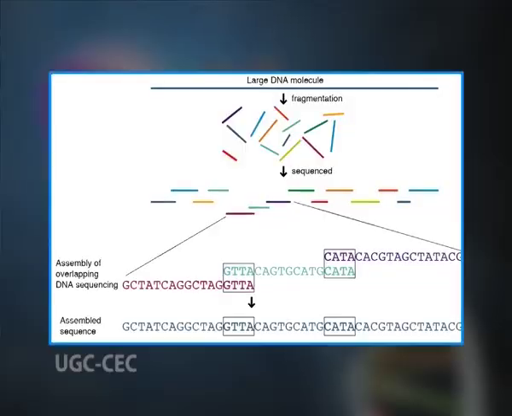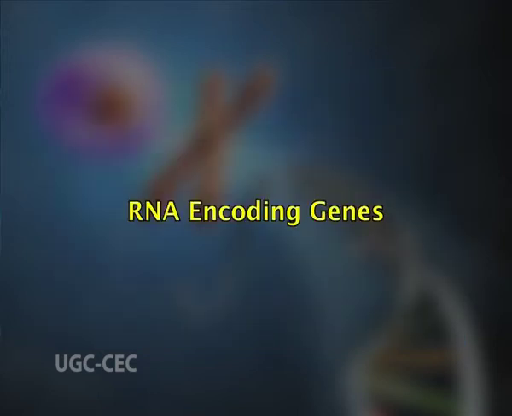However, the predictions of differential CpG island density and differential gene density were subsequently confirmed by analyzing the human genome sequence.